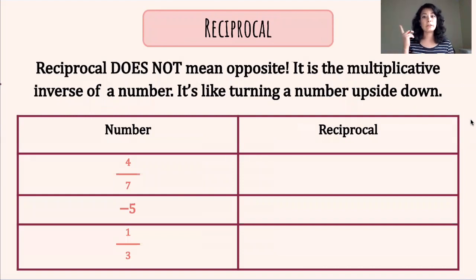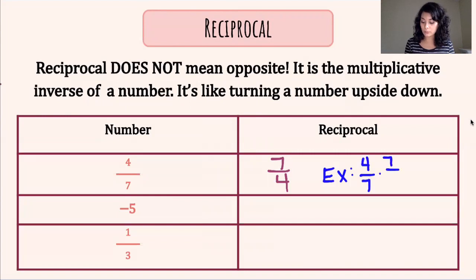So let's take a look at the first one. 4/7. Well, if I flip that number over, that's just going to give me 7/4. Now, if I took 7/4 and I multiplied it with 4/7, if they are truly multiplicative inverses, they should completely cancel out. So let's just do a quick example here. Let's take 4/7 and multiply it with 7/4.